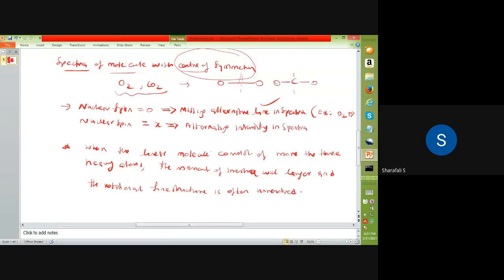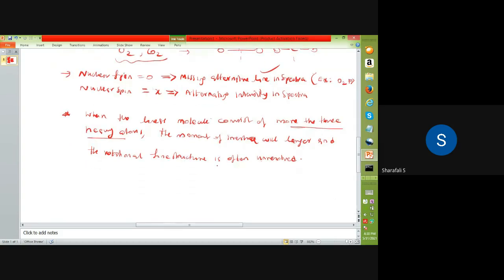What this means is that when your molecule has more than 3 heavy atoms, your reduced mass mu is going to increase, because mu is nothing but m1 m2 by m1 plus m2. So your mu will increase when you have heavy atoms in your molecule.